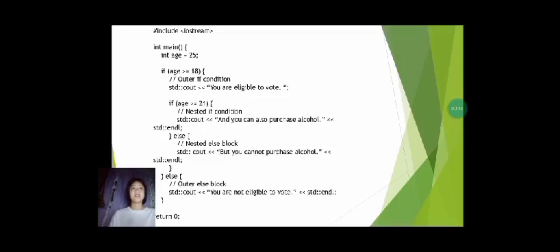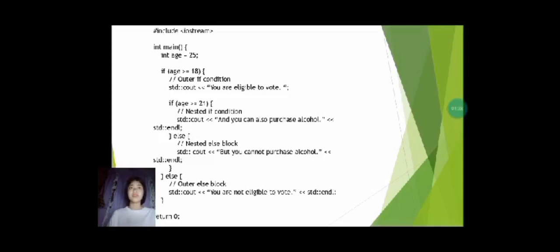This program defines an integer variable age with the value of 25. The outer if-else statement checks if age is greater than or equal to 18. If the outer condition is true, it enters the block and prints you are eligible to vote. Inside the positive block, there is a nested if-else statement checking if age is greater than or equal to 21.